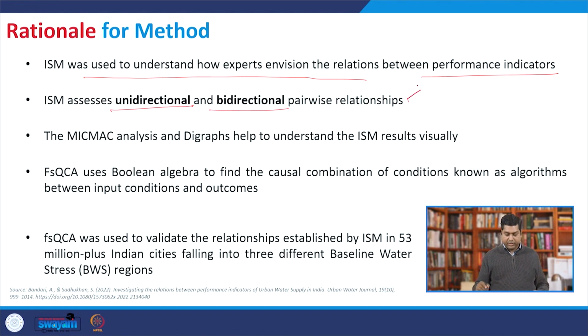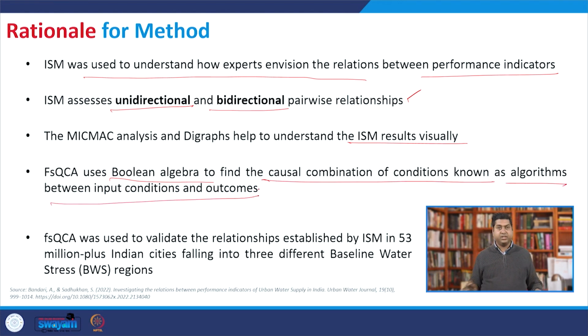That is one advantage. The MICMAC analysis and the diagrams help to understand the ISM result visually, so this kind of structural hierarchy is very clearly represented through diagrams. FSQCA uses Boolean algebra to find the causal combination of conditions, known as algorithms, between input conditions and the output.